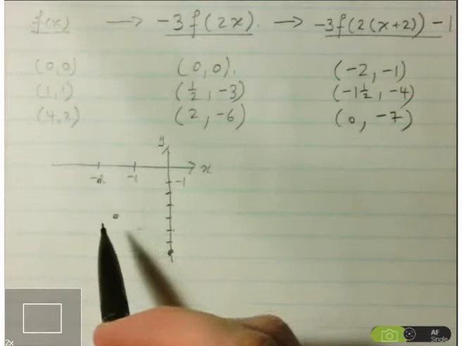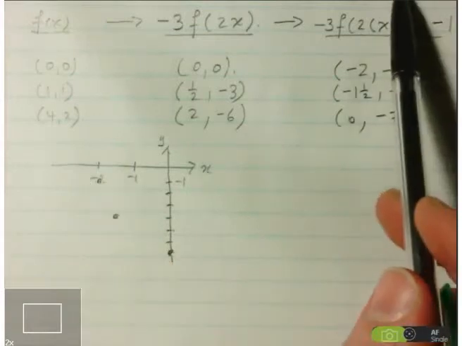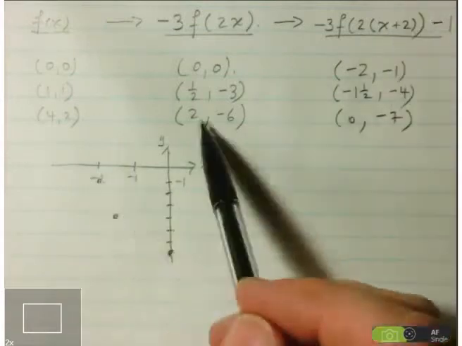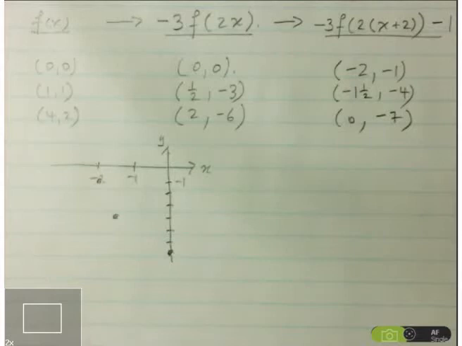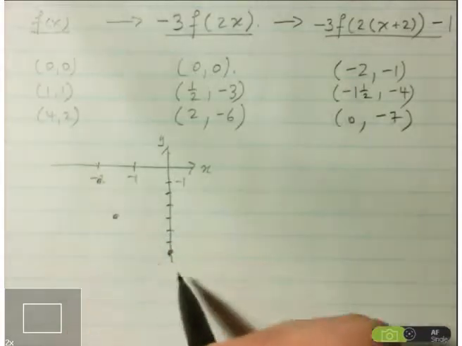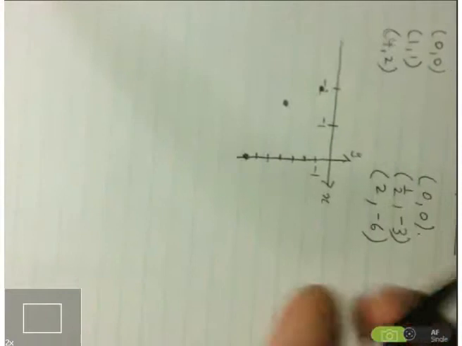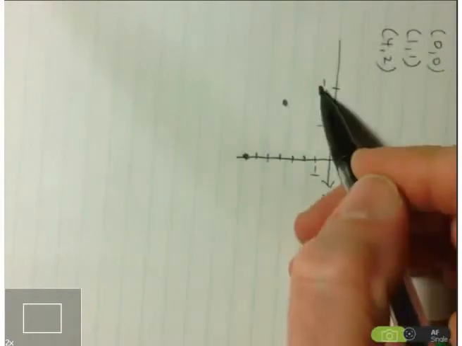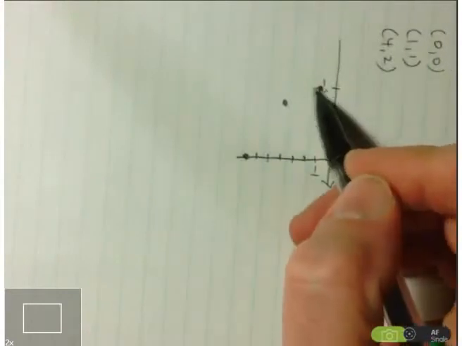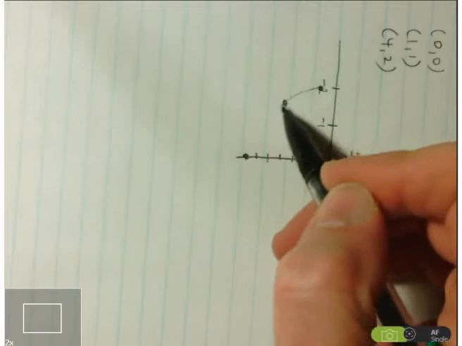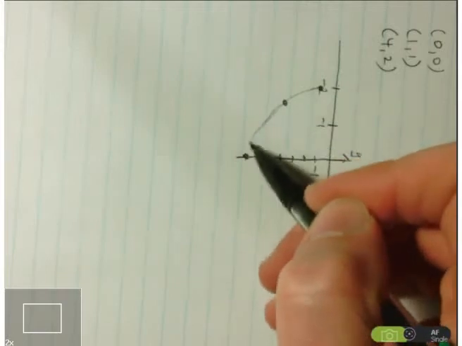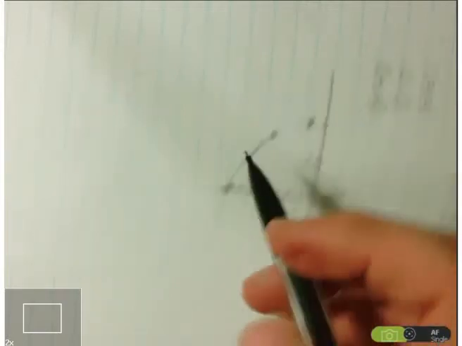Okay, so let's remember that this was flipped over, so instead of going that way, we should be going downwards. So I'm just going to flip the paper around to help me draw my graph a little nicer. So we're going to start from the point that was transformed from 0, 0, the starting point, and slowly try to draw a nice graph.